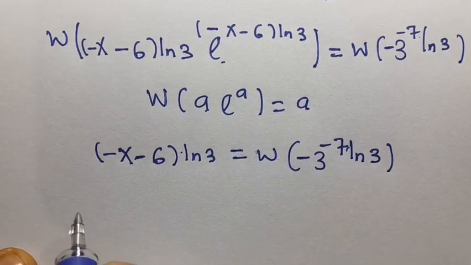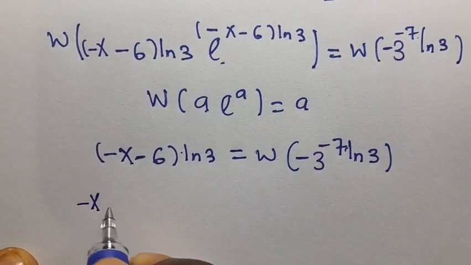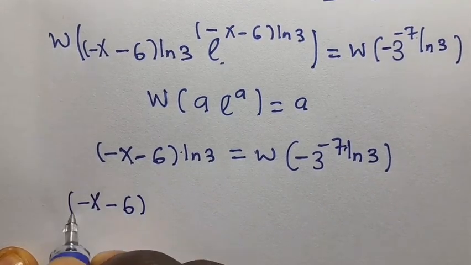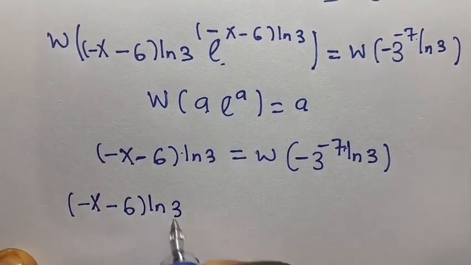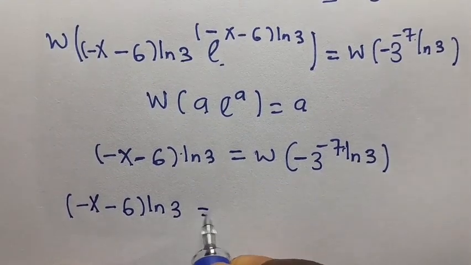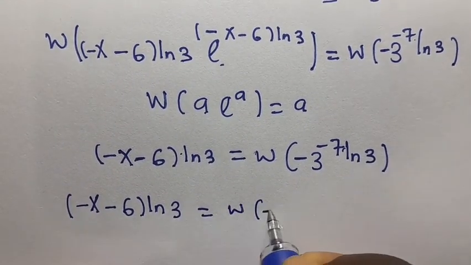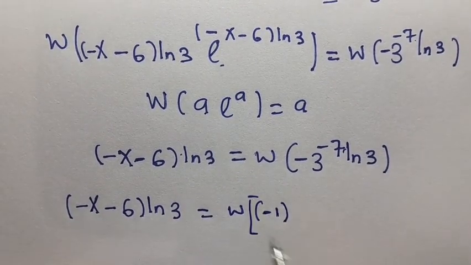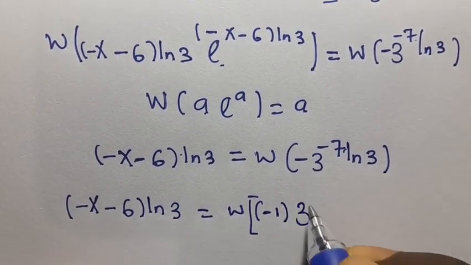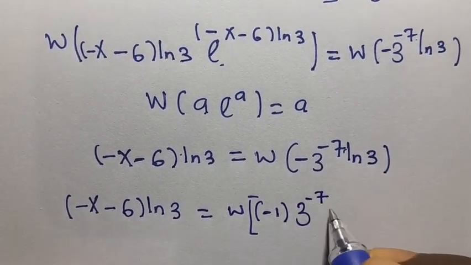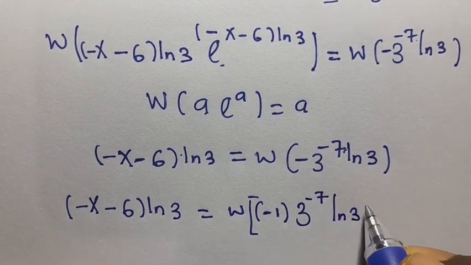If out, we have minus x minus 6 ln 3 to be equals minus 1. Then we have 3 raised to power minus 7 ln 3.